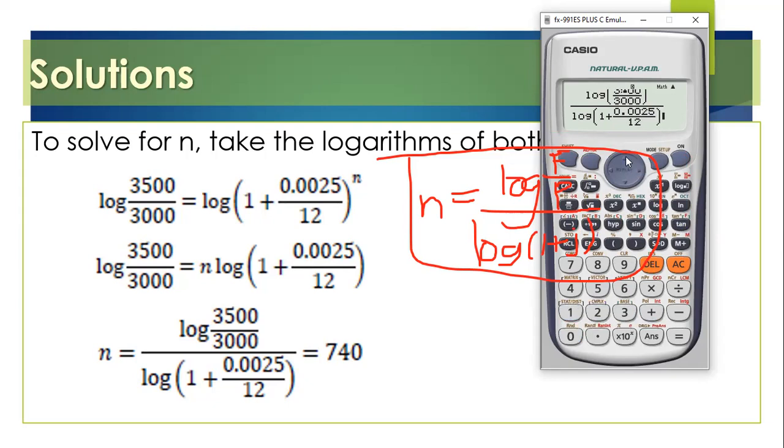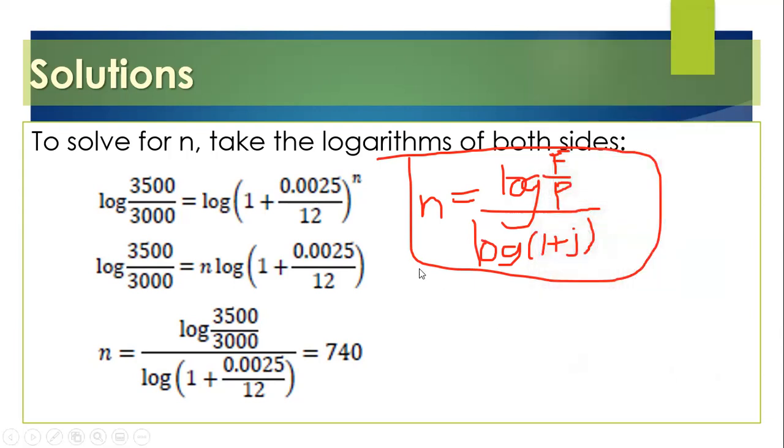Okay? So kung makikita natin, nilagay ko as is yung kung ano yung nakasulat. So that will be 740.000. Okay, so pwede natin i-round off as 740 yung ating sagot. So, sagot is n is equal to 740.